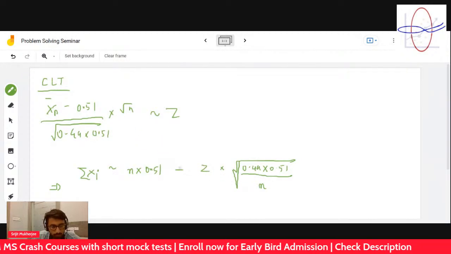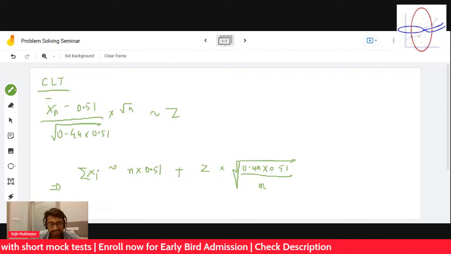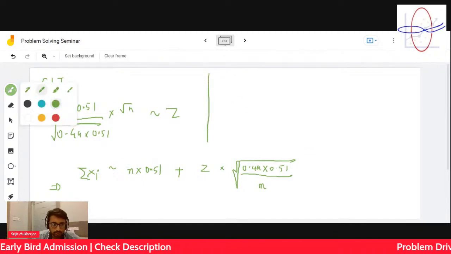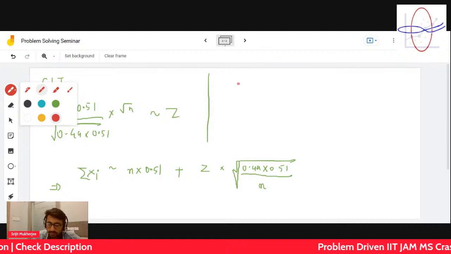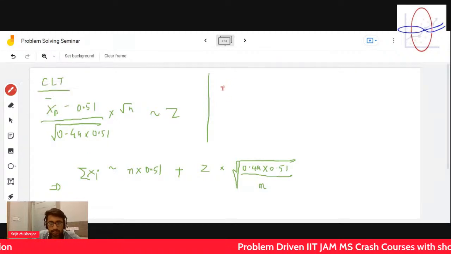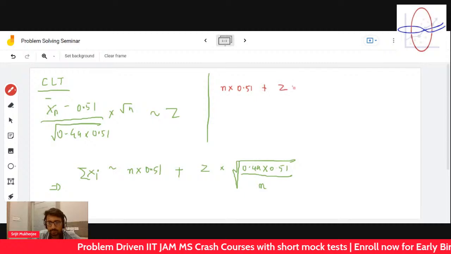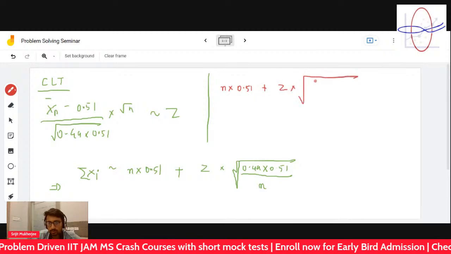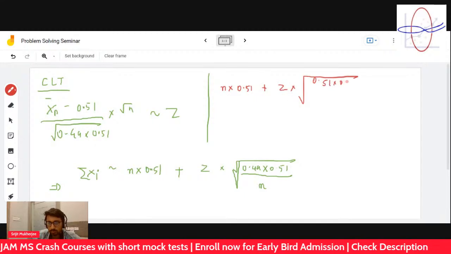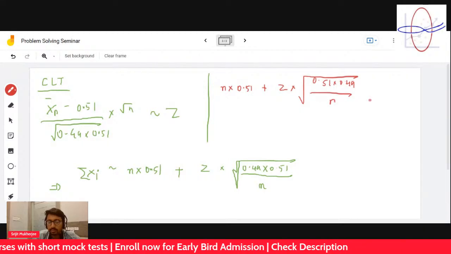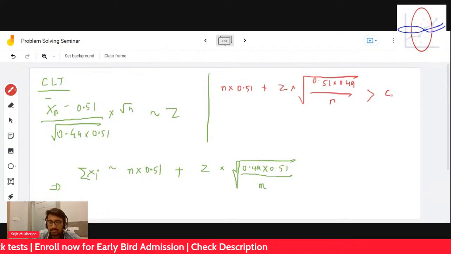Plus this. So this is xi. Therefore, the rejection region was what? Summation xi is greater than c. So the rejection region here is n times 0.51 plus z times 0.51 times 0.49 by root n greater than c.